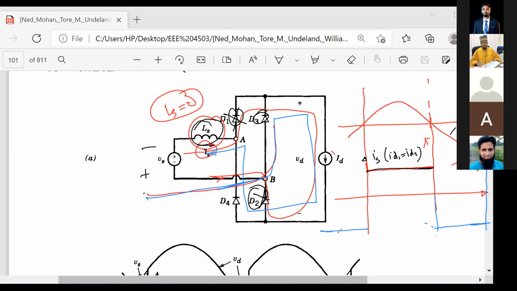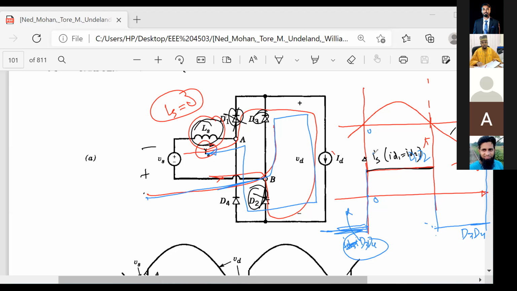So can I write down this way here also before omega t equal to 0? Here actually D3 and D4 will be conducting during this period, D3 and D4. When this period, D1 and D2, right? Yes or not? Yes.